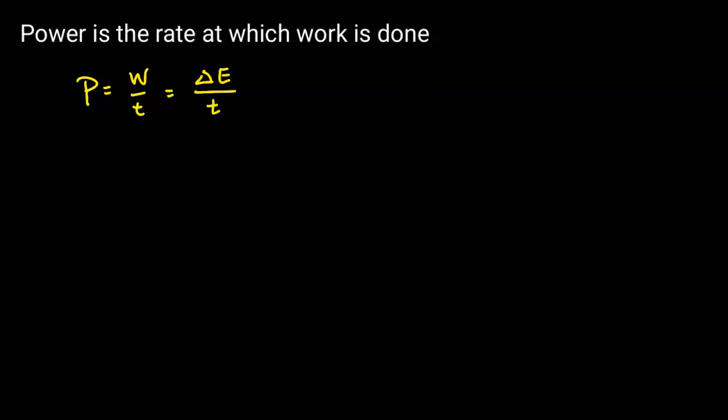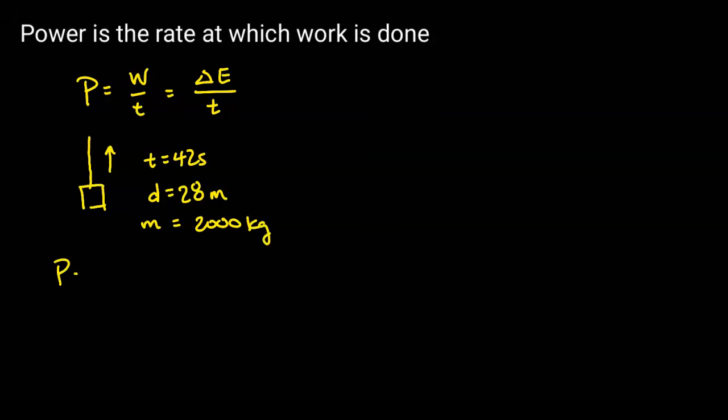So let's say we have an elevator that's being lifted up, and it takes 42 seconds for it to go up 28 meters. So the displacement is 28 meters, and this elevator has a mass of 2,000 kilograms. The power is going to be W over t, and W is the force times the displacement, divided by t.